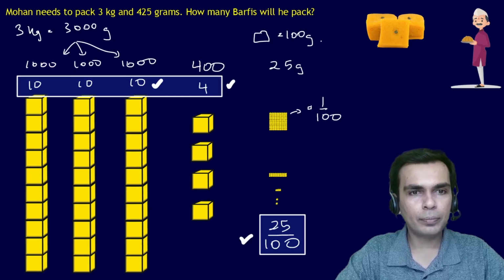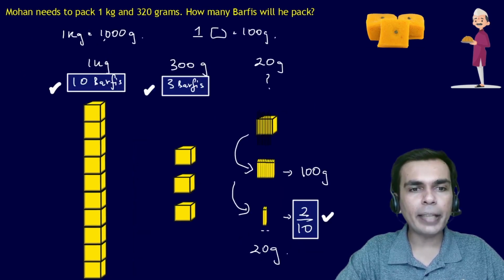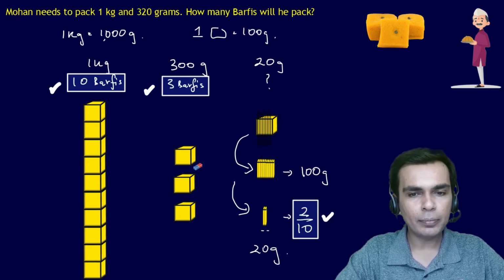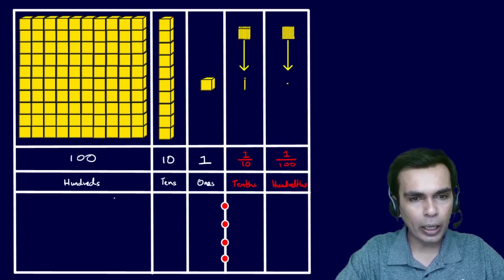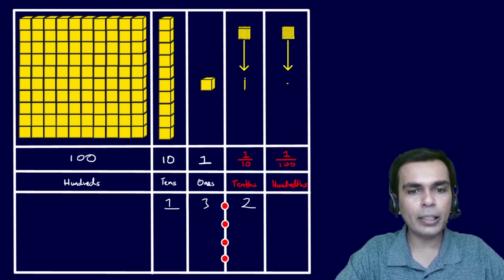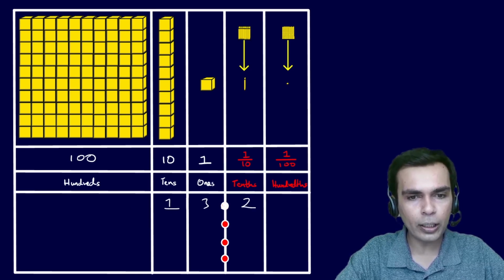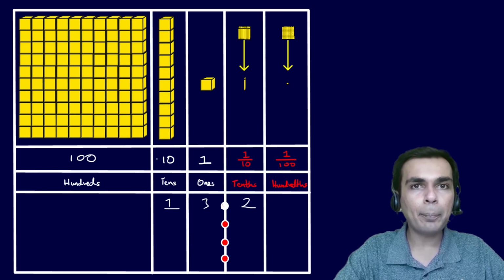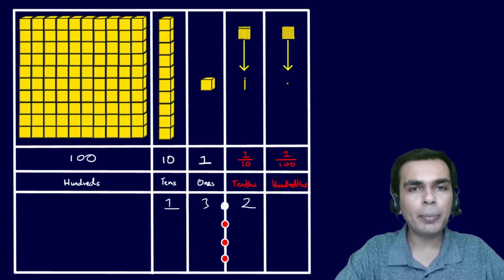So now let's fill this table with the number of barfis Mohan sold in the last few days. So here he sold 10 and 3, that's 13, and 2 tenths, as you see here. So I would say 1 ten, 3 ones, and 2 tenths. So it's easy. I put a point here, as you see here. So that point helps me differentiate between the ones, tens, and of course on the right are the tenths.